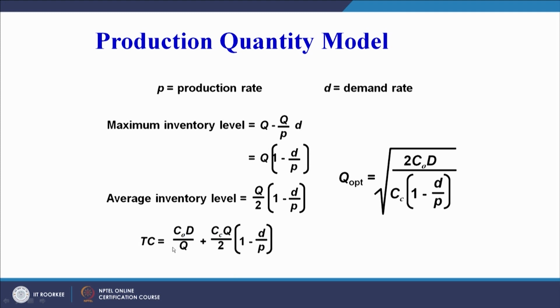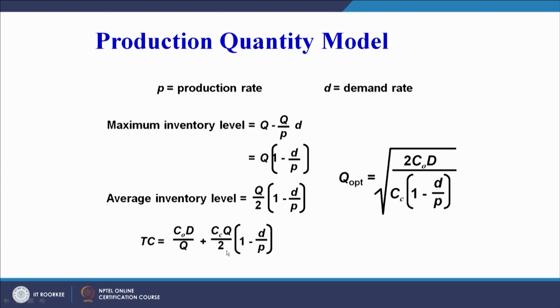So total cost is equal to the ordering cost into the annual demand divided by Q, that is the order quantity, plus CC into Q, that is the rate at which we are using, into 1 minus D by P divided by 2.